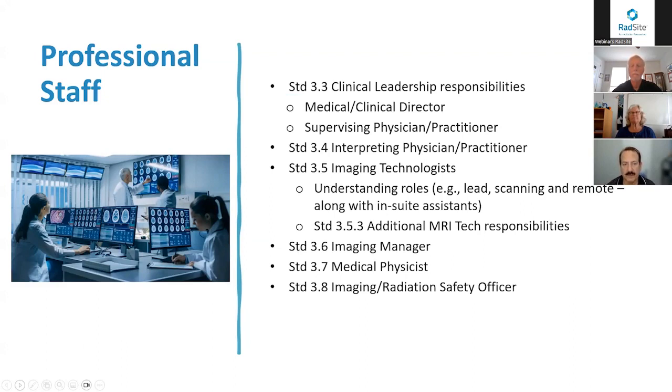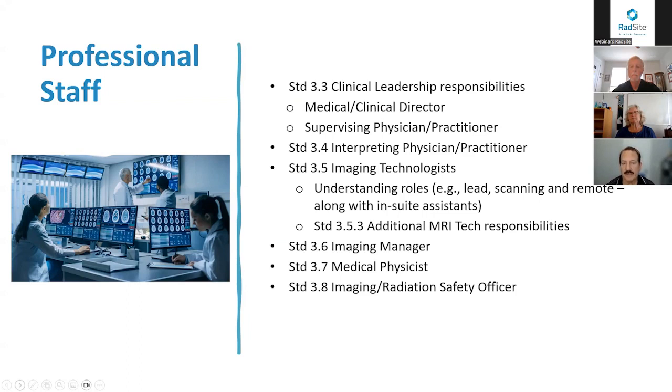And so standard 3.3 addresses the clinical leadership responsibilities, and the 2 specific professional roles that are specified are the medical and clinical director, which would be the clinician that would have overall responsibility for the imaging program.